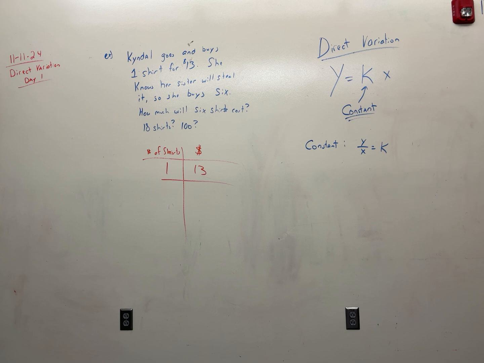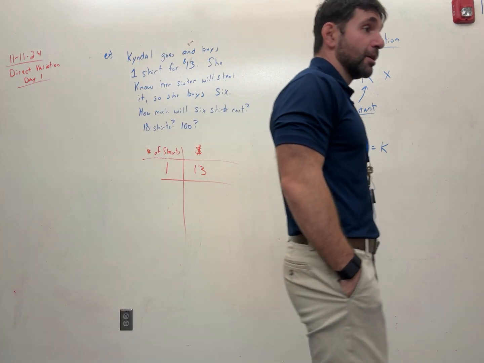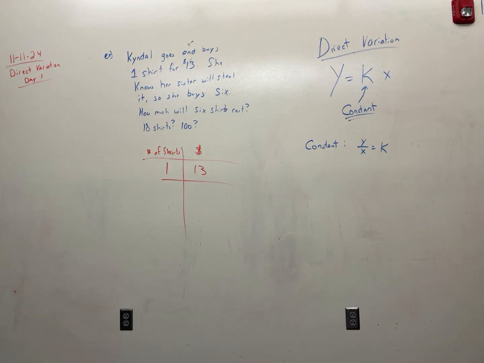Because then I can write the equation for those 18 shirts and the 100 shirts. So a couple things that you have to know about direct variation. Direct variation will always have a constant, and it goes through the origin, just like in this problem. If Kendall buys 0 shirts, it's $0.